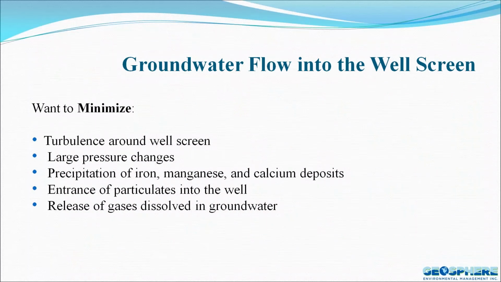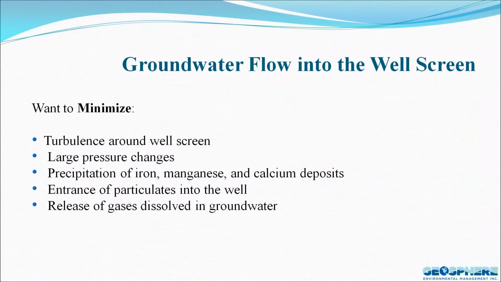We want to minimize the precipitation of iron, manganese, and calcium deposits, which are going to occur on these small slot sizes as it goes into that well screen. A key thing here too is we want to minimize the entrance of particulates, fine grained material into the well screen. Why is that important? Well, because it'll get sucked up into the pump or the pump mechanism, and now we'll begin to abrade it, pretty much like sandpaper does to wood.